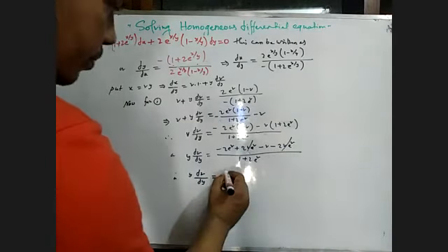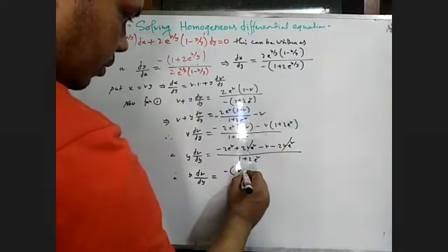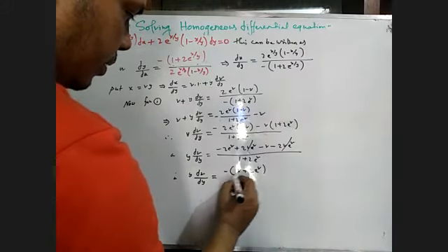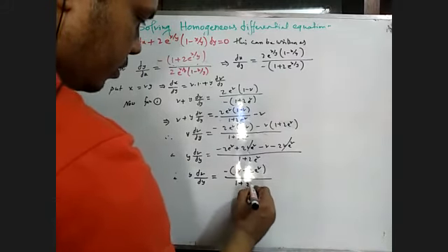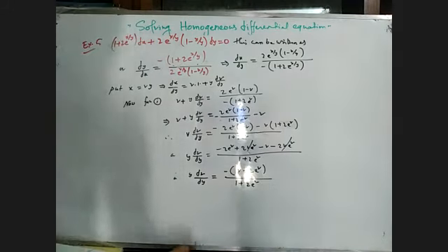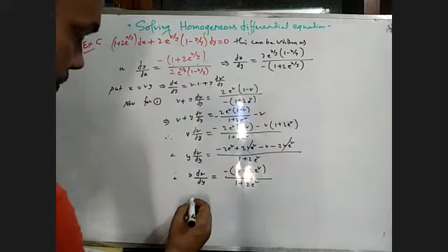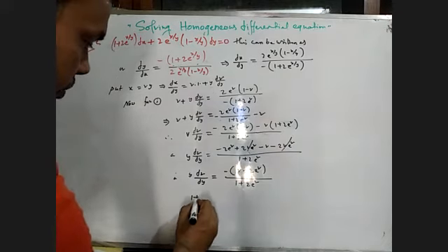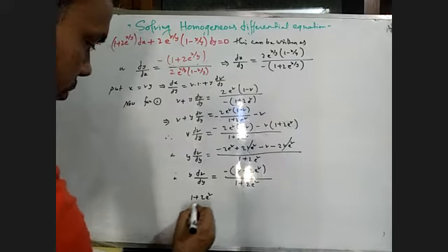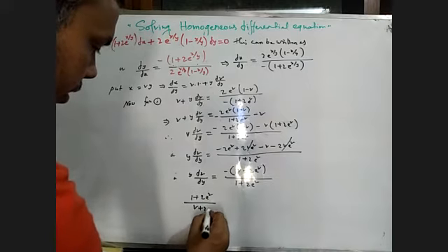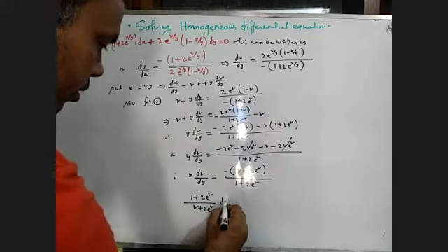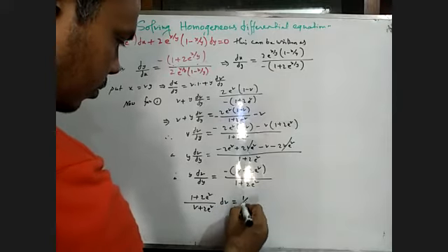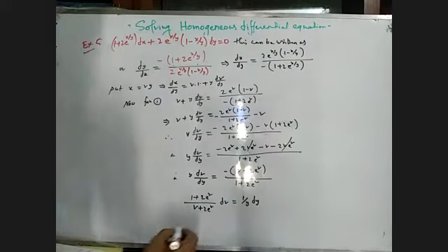So we get minus (b + 2e^b)/(1 + 2e^b). Now separating the variables, we can write (1 + 2e^b)/(b + 2e^b) db equals 1 by y dy, separating the variables.